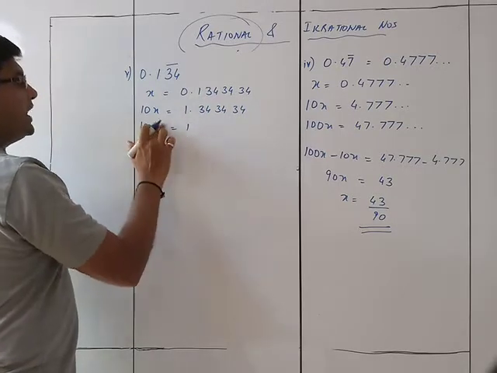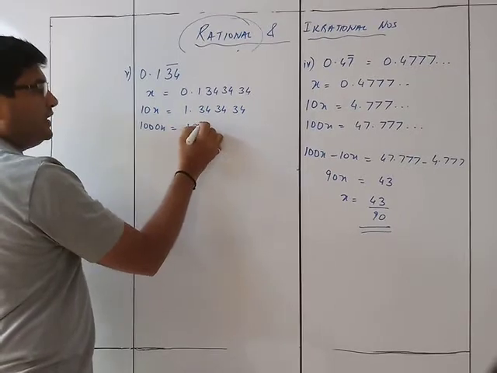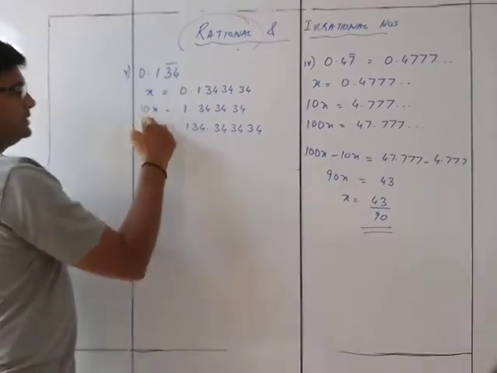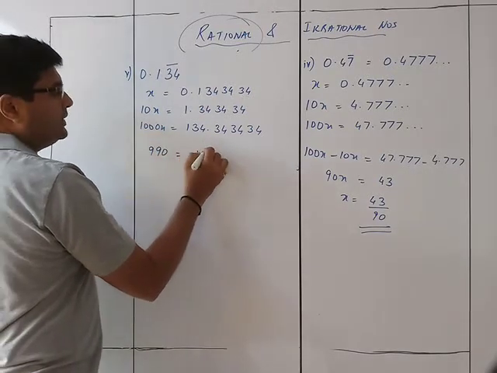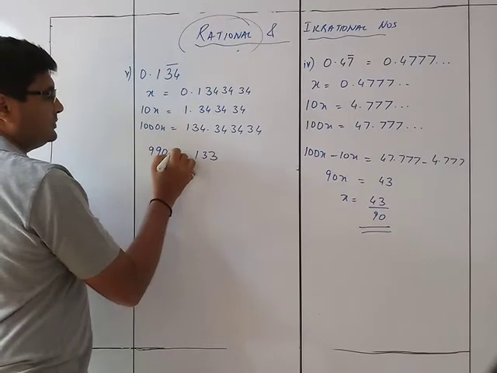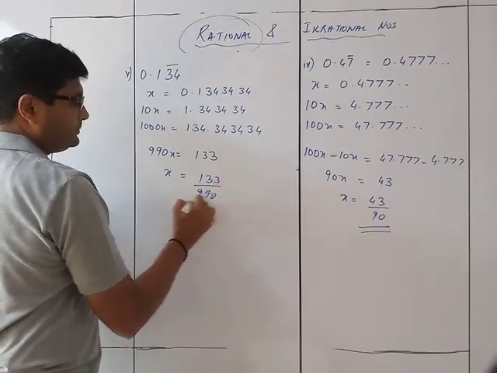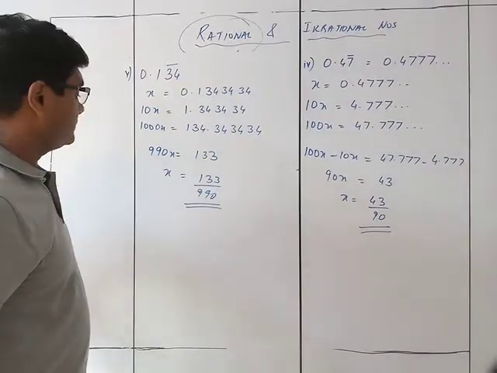No, I'll have to take 1000x because I need 343434, so it will be 134.343434. Subtracting the two, I get 990x is equal to 133. So x is equal to 133 upon 990. That's the required answer. Is it clear?